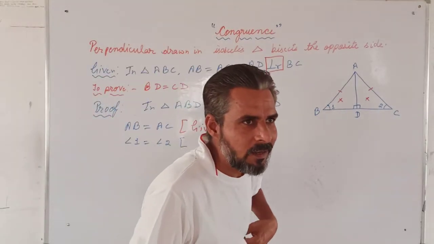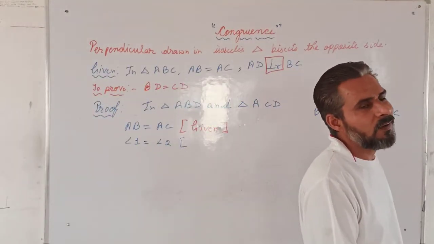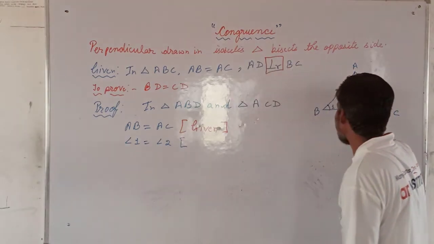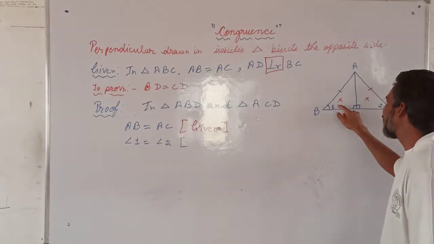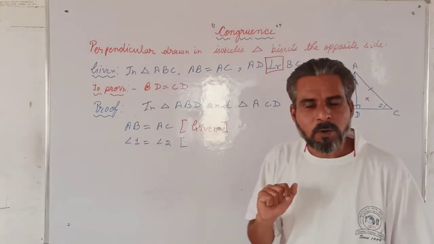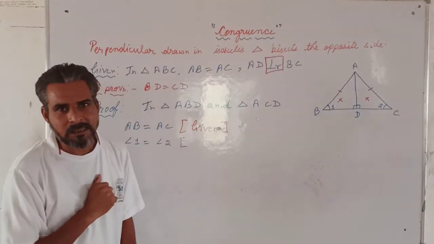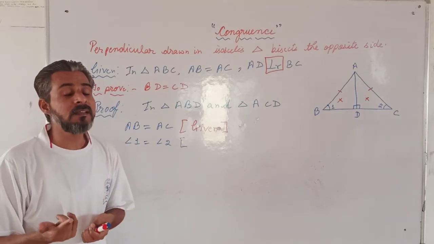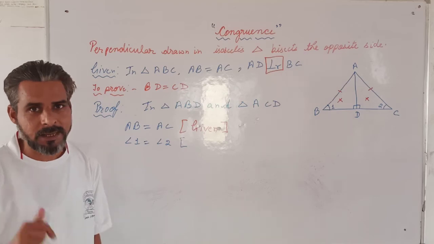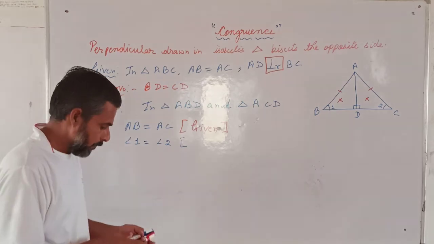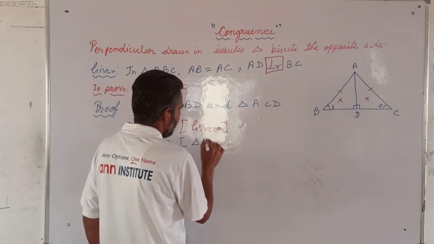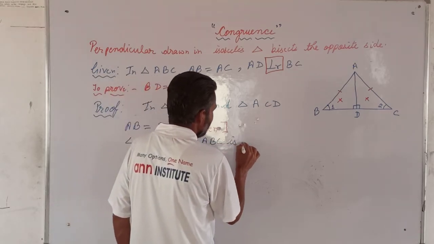Because the angles opposite to the equal sides of an isosceles triangle are also equal. So this is an isosceles triangle, that's why its sides are given equal, so its angles will also be equal. Why will they be equal? We proved yesterday that the angles of an isosceles triangle are equal. Which angles? Those that are opposite to the equal sides. We proved that yesterday. So what will be its reason? Triangle ABC is isosceles.